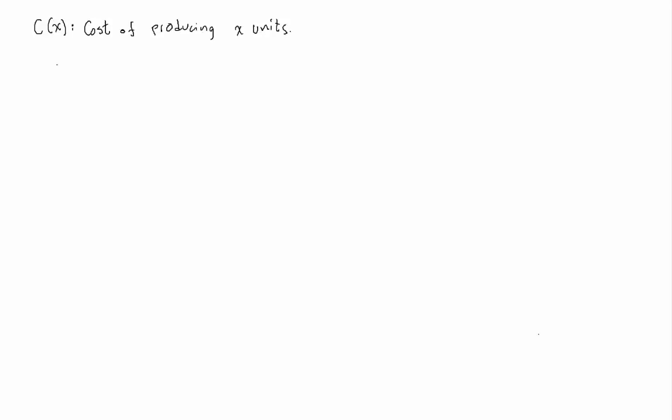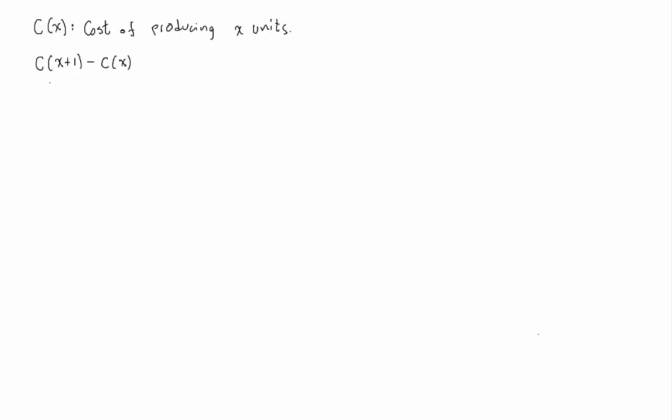Then something you would perhaps be interested in finding out is, if you're producing, say, 100 units, what would be the cost of producing one additional unit? So for example, if you have x and you want to go to x plus 1 units, what is the cost of that one extra unit? It would be the cost of x plus 1 units minus the cost of x units.